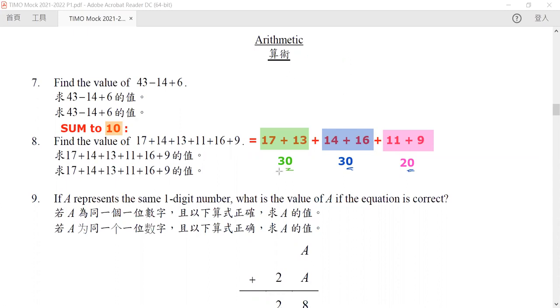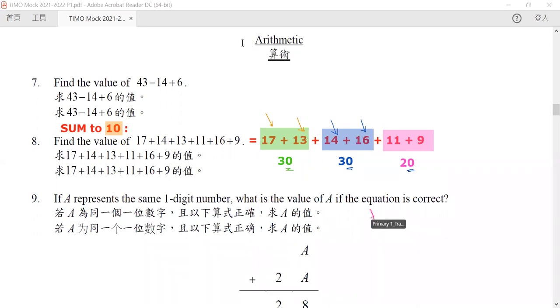Whenever we want to find two digits that sum up, the unit digit 7 and the unit digit 3, they will sum up to 10. Every time we want to calculate arithmetic fast, we want these numbers to sum precisely to 10. Once we sum it like this, it will be very easy for us to sum up our 30 and 20.